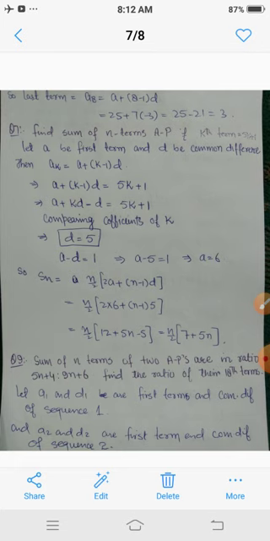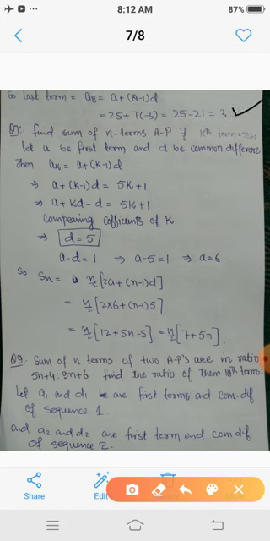Hence substituting d, we get a8 equals 25 plus 7 into minus 3, which is 25 minus 21, which is simply 3. Hence the last term of this AP, whose sum of the first certain number of terms is 116, is simply 3.